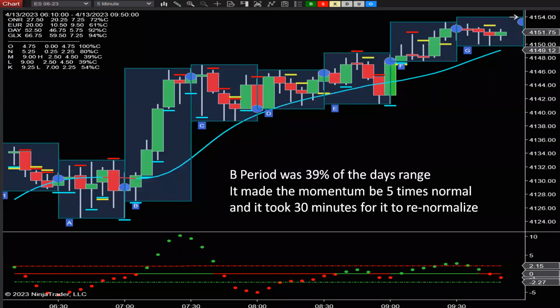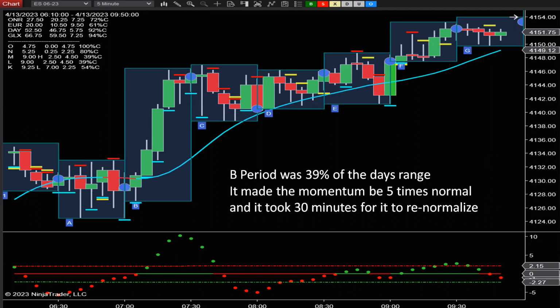This is today's 5-minute chart with a 30-minute overlay on it, using an indicator, smart periods, which gives us statistics on the bars and lets us know where we are in the day so we can pattern classify the different 30-minute periods.